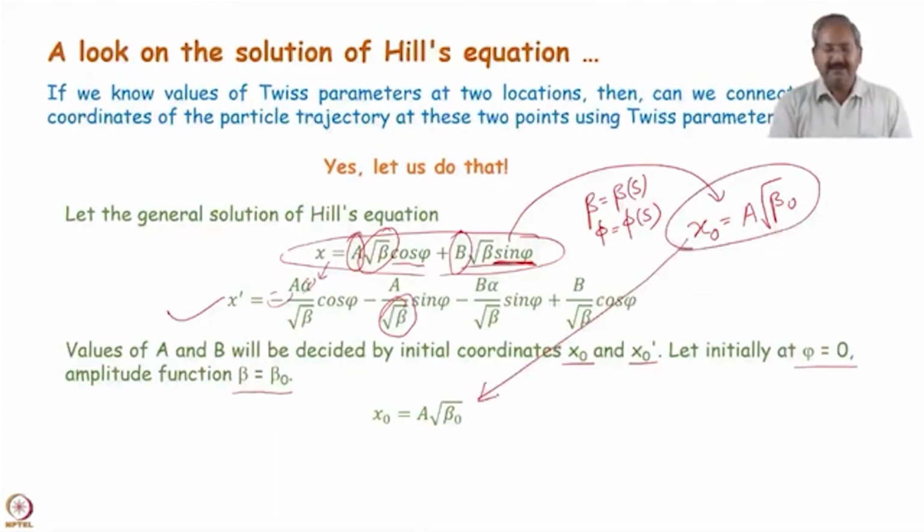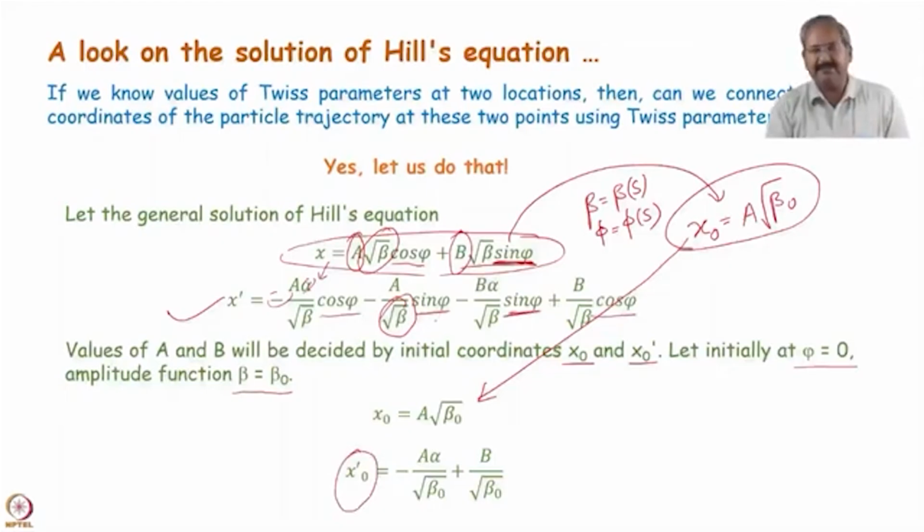Similarly, we will obtain the initial x prime, x0 prime, because sin phi itself is 0 at phi equal to 0. So these are the two equations which relate the initial coordinates to the initial twist parameters.